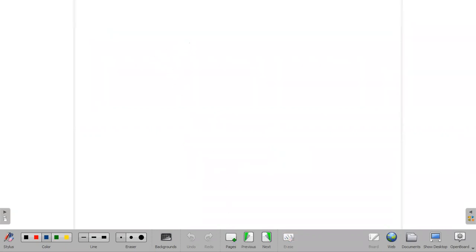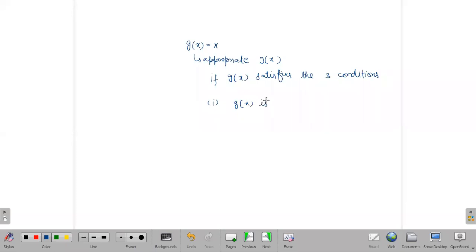In that, we found that if you have a fixed point form, that will be the appropriate g of x, if g of x satisfies the three conditions. That is, if g of x is continuous, second, g of x maps into itself, and third, the derivative is strictly less than 1 for all the points of this interval.